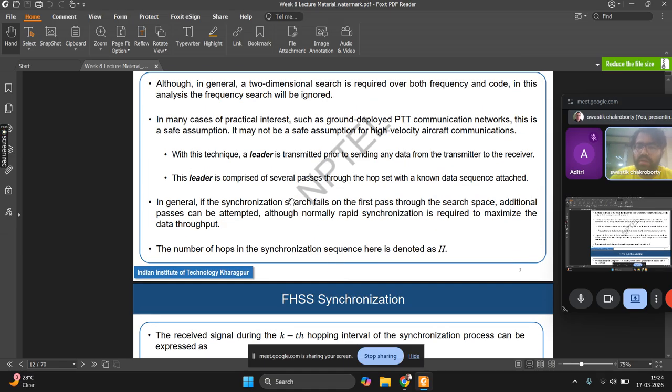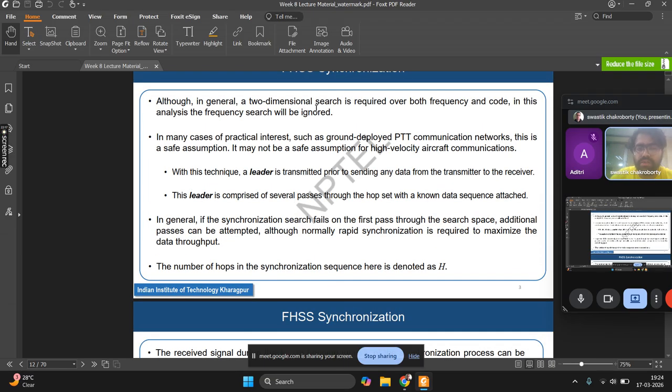Although in general a two-dimensional search is required over both frequency and code, that is, what frequency you are transmitting. So here in FHSS, basically you have a frequency range, and within that frequency range, what particular frequency you are transmitting depends on the code. So you have to first know the frequency range of the transmitter, and then you have to know the code to know the exact frequency at which it is transmitted.